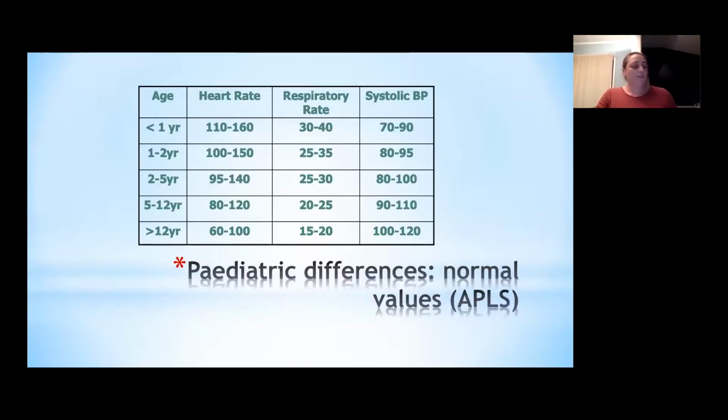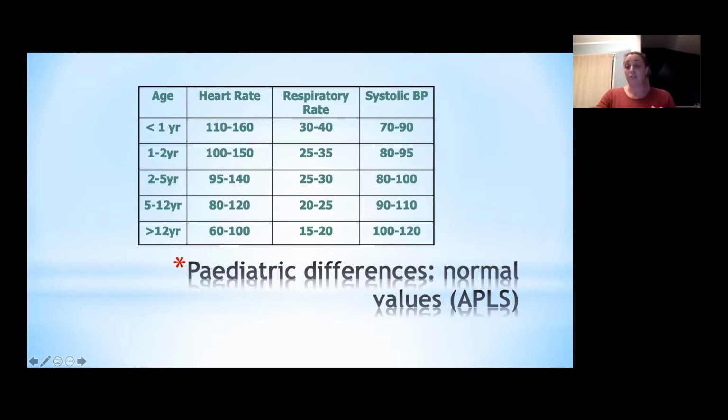So first thing to remember is that paediatrics have quite a varied range in their normal vitals. So heart rates for an under 1 can vary from about 110 to 160. So 160 can be a normal resting heart rate for a neonate, whereas obviously as you get more into adult range, you're looking at sort of 60 to 100.